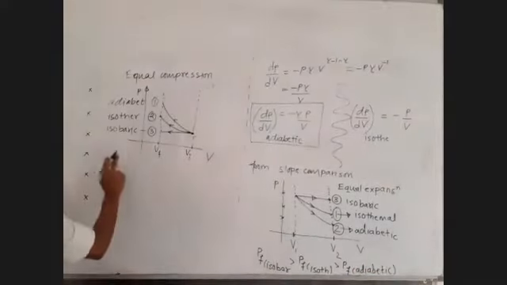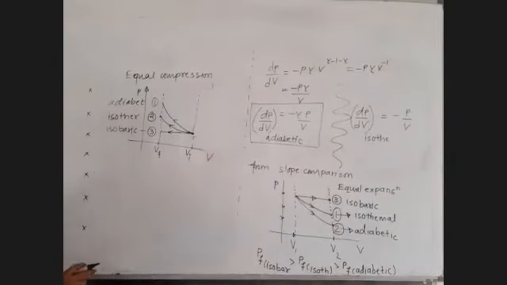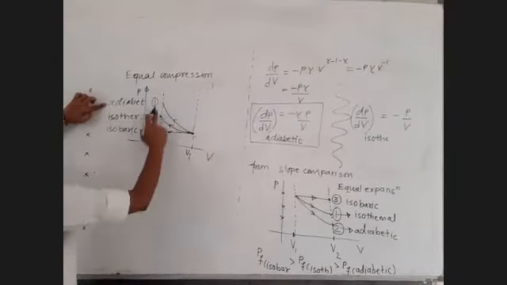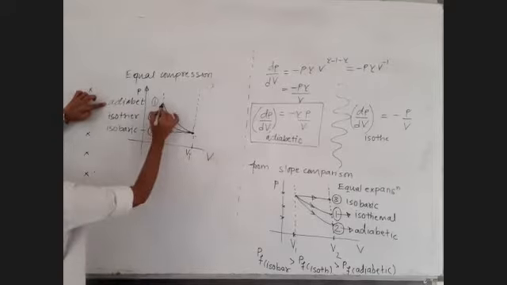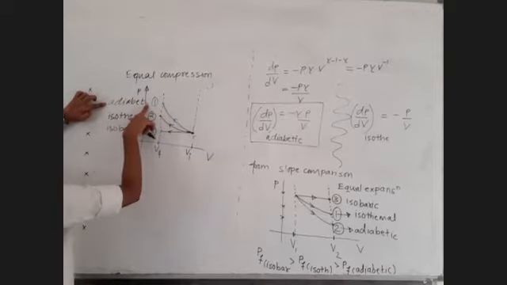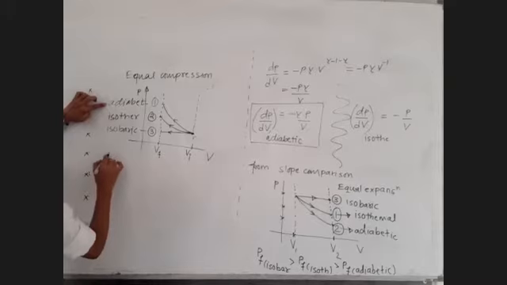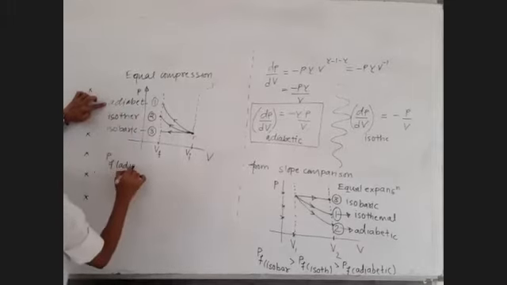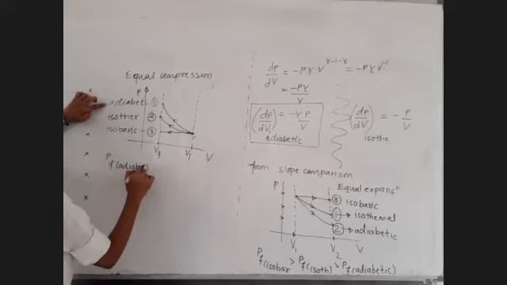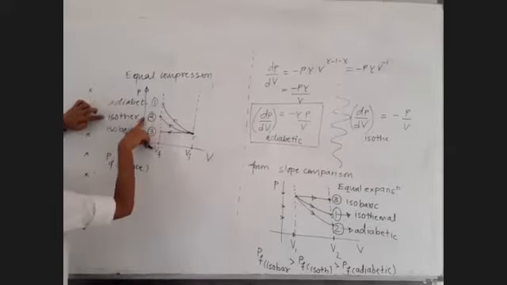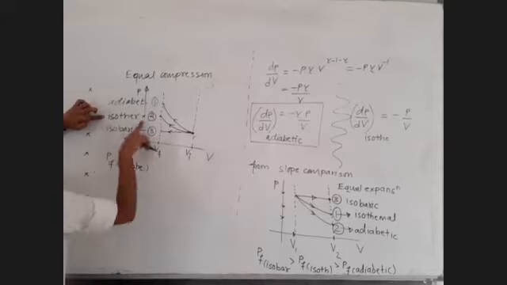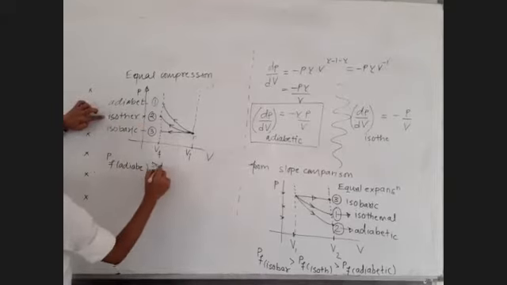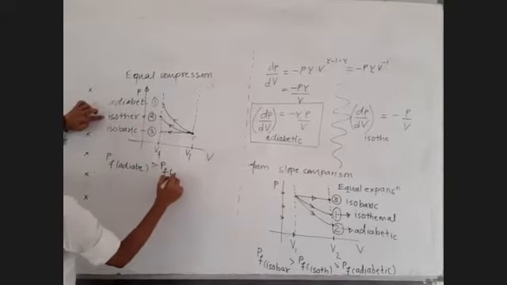Similarly here you have to do the pressure comparison. So what is the pressure comparison? Sir, this is the highest final pressure. So the highest final pressure will be for adiabatic. Then this is the final pressure of isothermal, so adiabatic is more than the final pressure of isothermal.